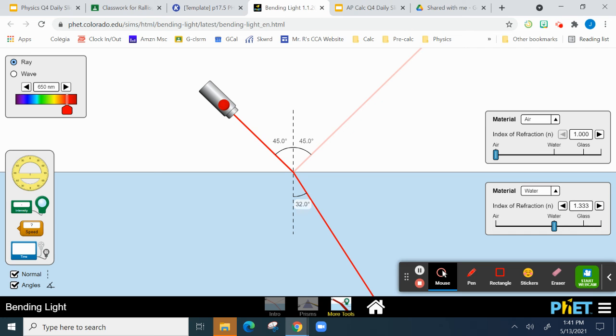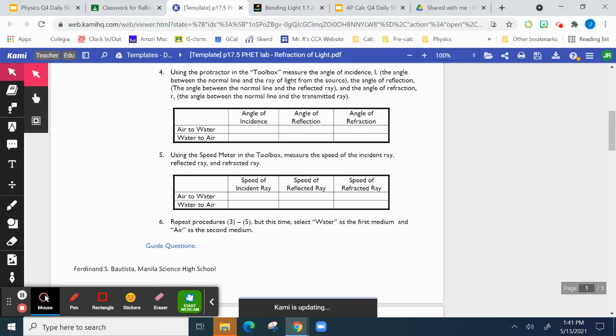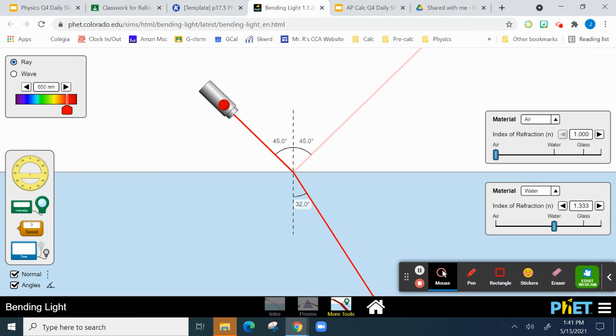All right, so this is called the angle of incidence, and this is called the angle of refraction. Oh, and we got an angle of reflection too. So this here is the angle of reflection. Now, I will tell you right now, the angle of incidence and the angle of reflection are always going to be the same.